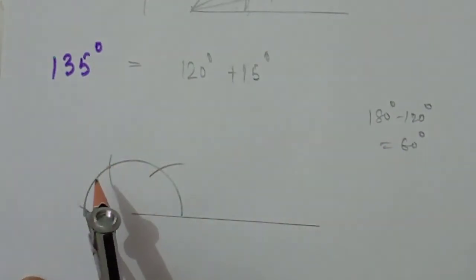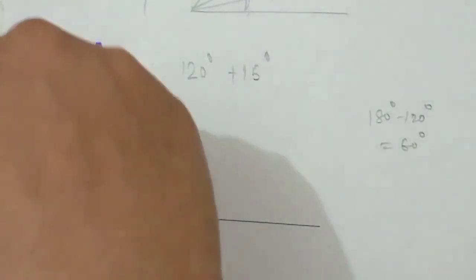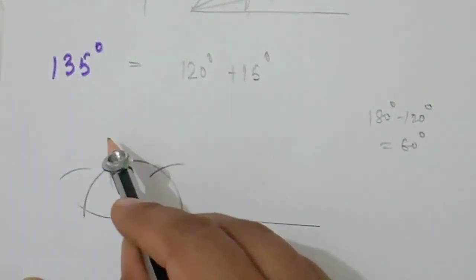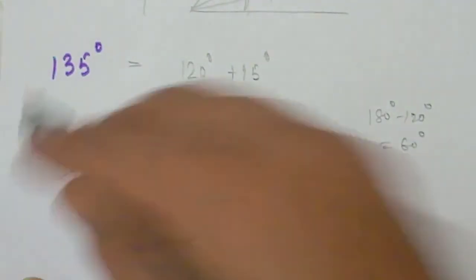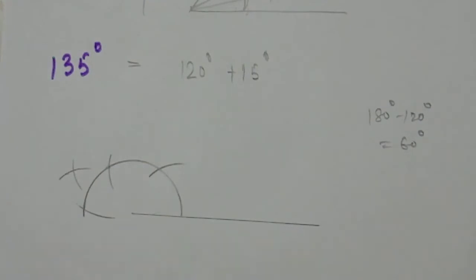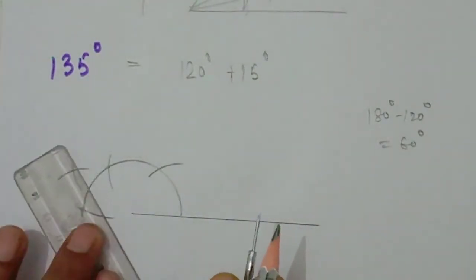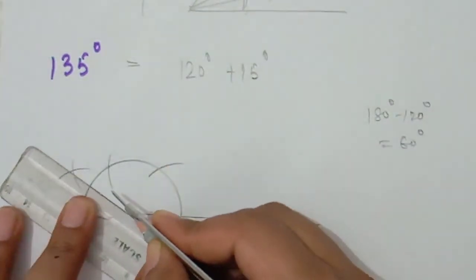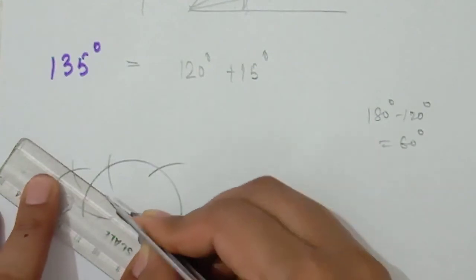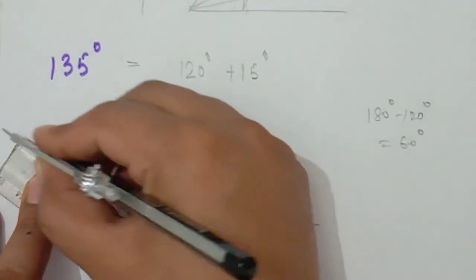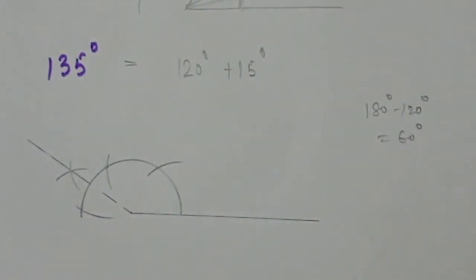So we will open our compass more than half and draw the angle bisector of this angle. First of all, we will take our scale and draw this like this, because we do not want this angle now.